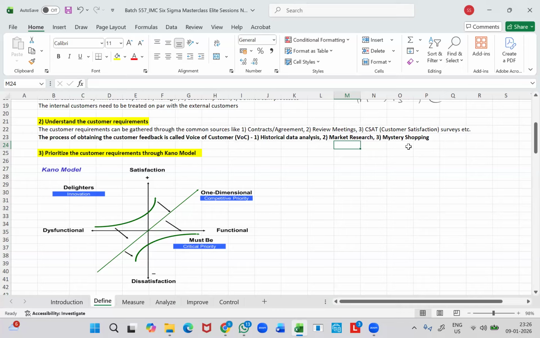Mystery shopping is where the management of a particular organization will engage a consultant to act like a customer. The consultant will visit the various sales outlets and gather information with regard to whether the salespeople are providing the right information about the product or service. It starts from there, right?